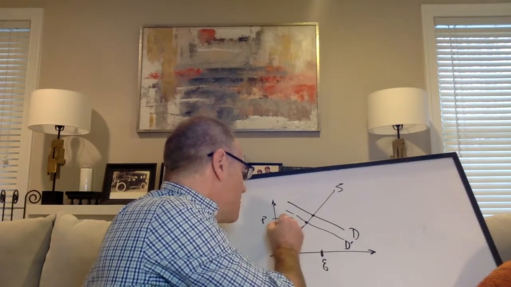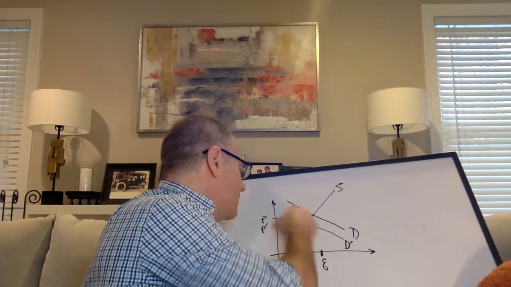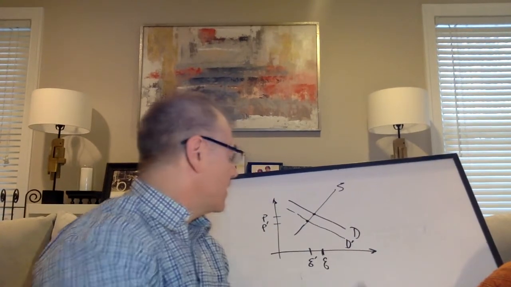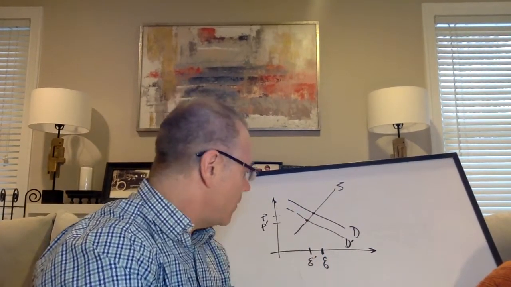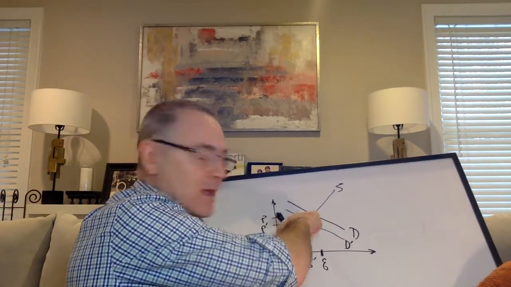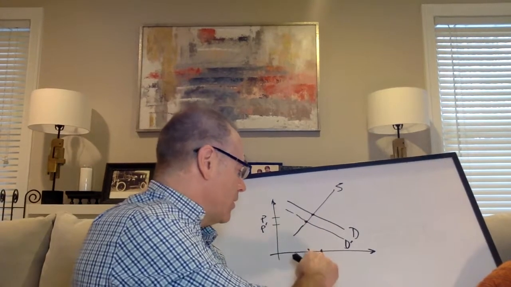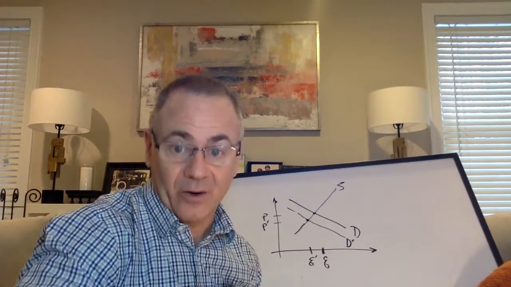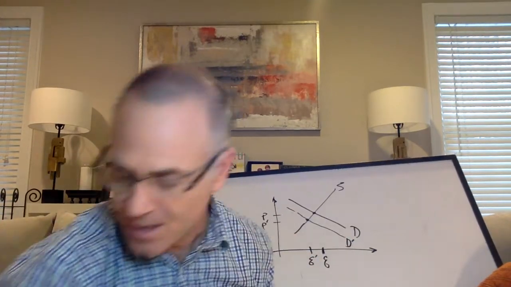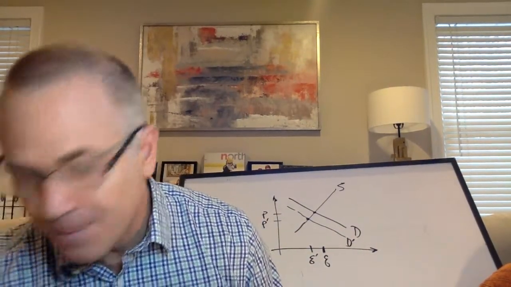The new price and quantity is P prime and Q prime. So the answer is market clearing price will fall, and so will the market clearing quantity. That is the answer to 9. So that is part 8B. See you in part 8C.